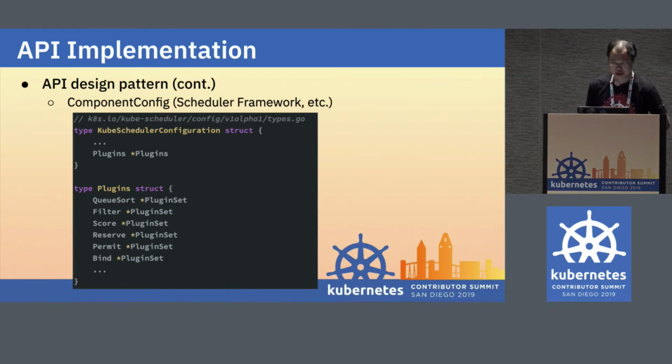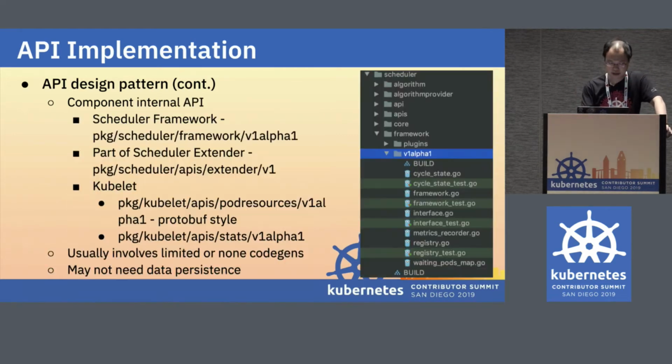So if this API is for external users, and the external user has the flexibility to change it instead of using defaults, you had better put it into the component config API. For example, we have a new feature called the scheduler framework, which we want to enable users to implement their own plugins along with the default scheduling plugins. So in this case, we put them into the component config.